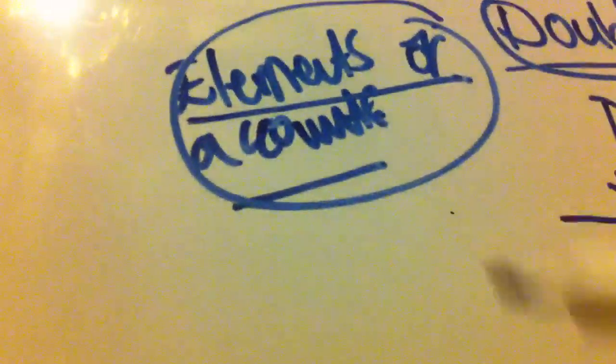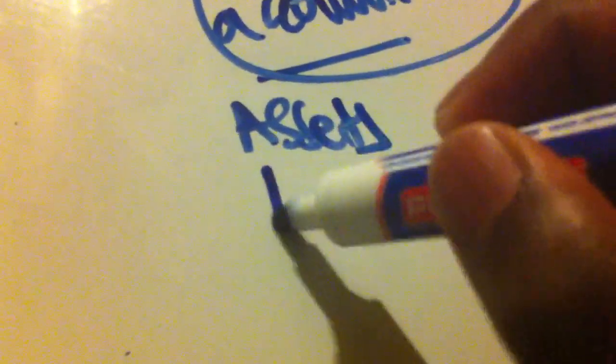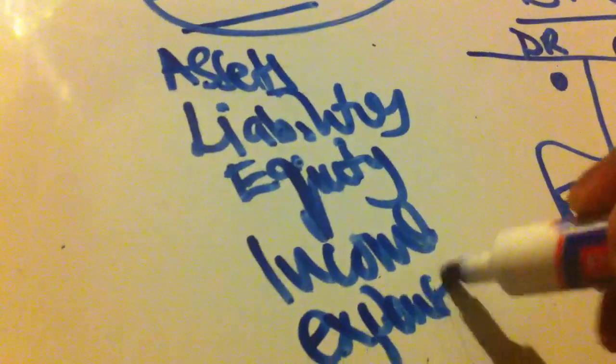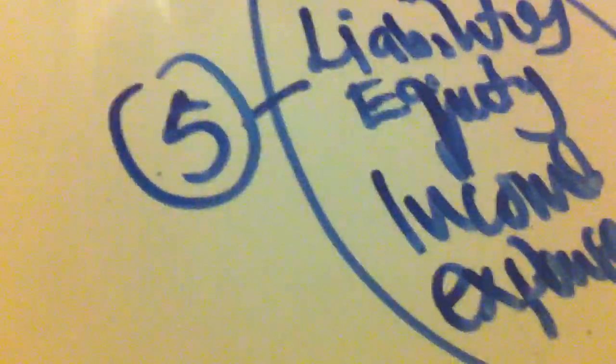What are these elements? We are talking of assets, liabilities, equity, income, and then expenses. So these are the five elements that you always need to think about, isn't it?